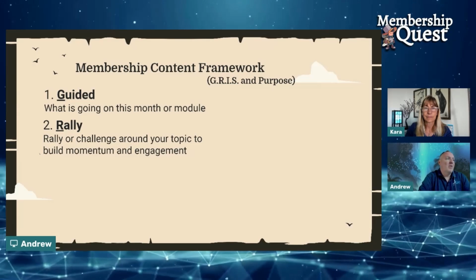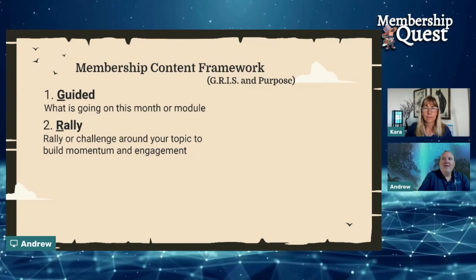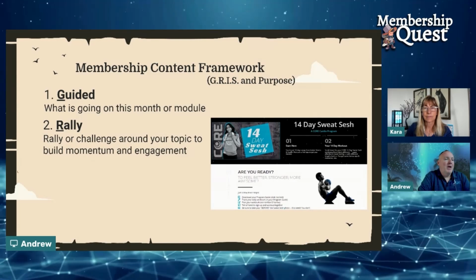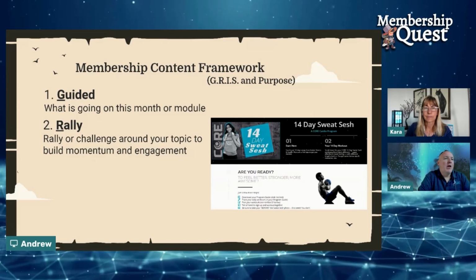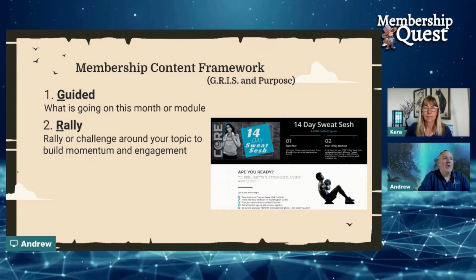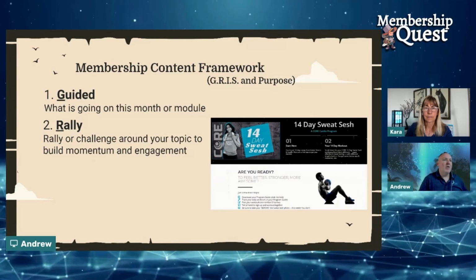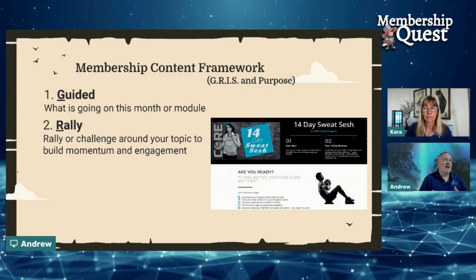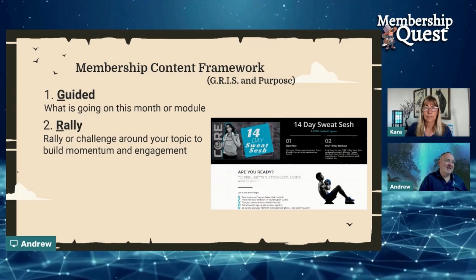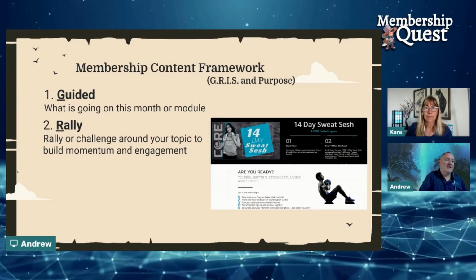And so that rally behind it, we put the goal out for everybody. Let's go for this. Cara mentioned that on our fitness site we're introducing a challenge every month, and that's based around the success path of that month as well. As you have different success paths, you're going to have different goals and different ways to approach them, and all those should be built around and guided by the content. Even if you look at our challenge, it has, hey, are you ready? Here are the steps to follow.